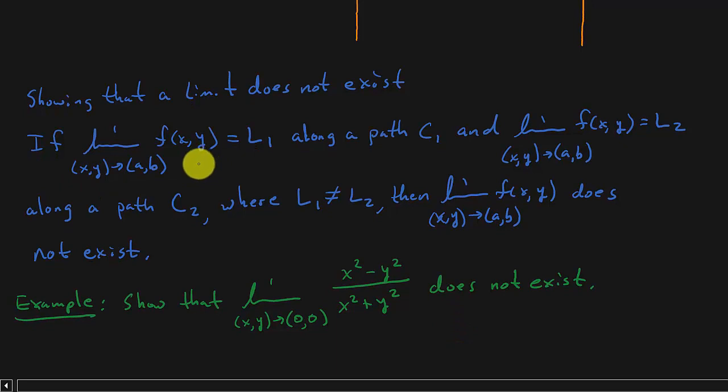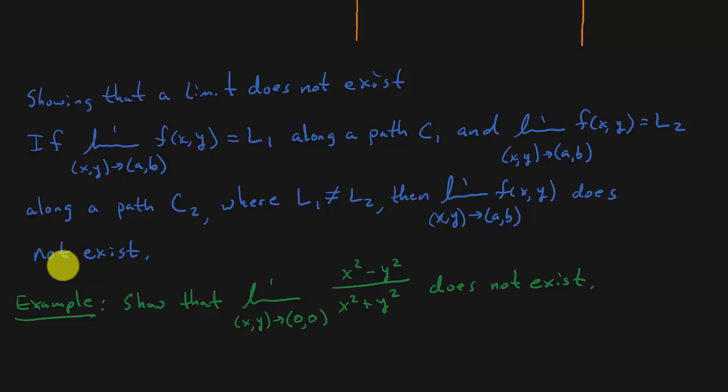If the limit of f(x, y) as (x, y) approaches (a, b) is equal to L1 along a path C1, and the limit of f(x, y) as (x, y) approaches (a, b) is equal to L2 along a path C2, where L1 does not equal L2, then this limit does not exist. I'll talk about that a little more in a minute. So if we can show that the limits along different paths are not the same, then the limit does not exist.